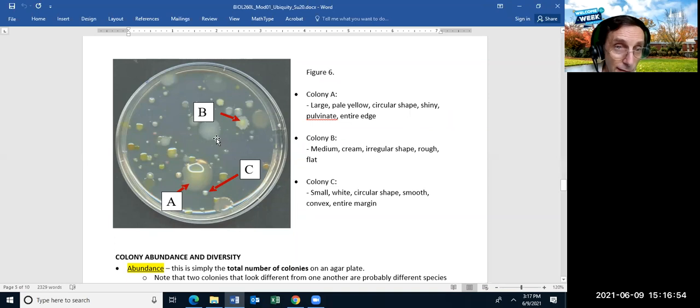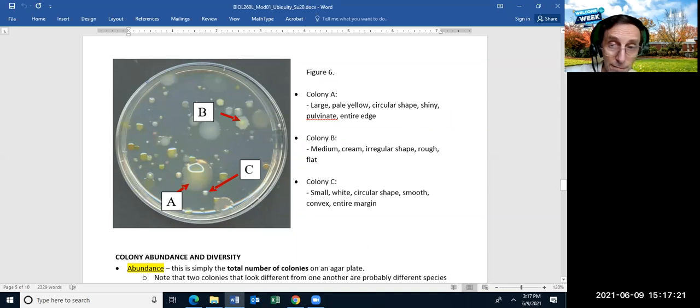Like that colony looks different from that colony. Not only is the size very different, but the coloration is slightly different. The opacity might be slightly different too. That colony looks different from this colony because the coloration is slightly different, and then the margin is very different on this colony compared to that colony.